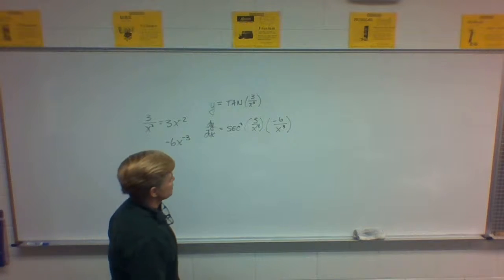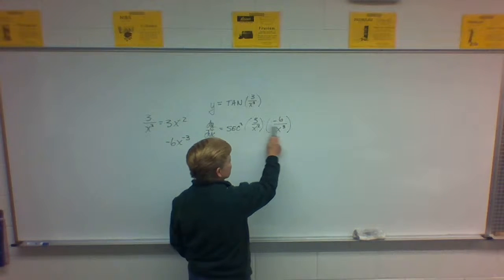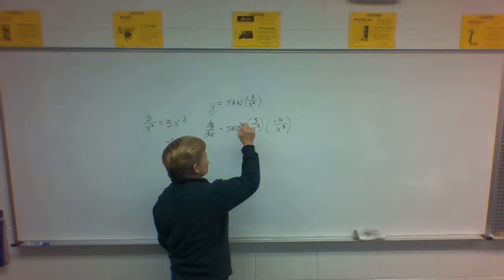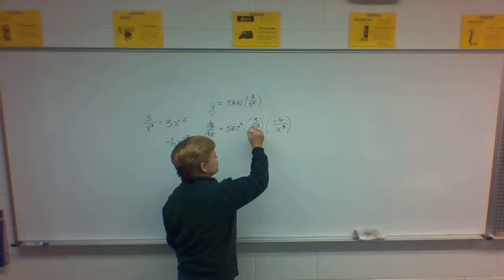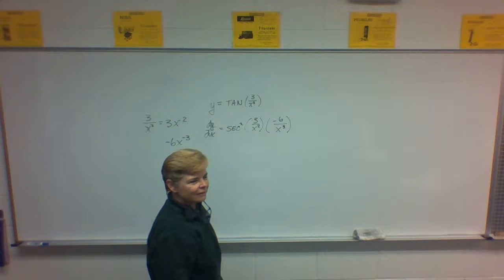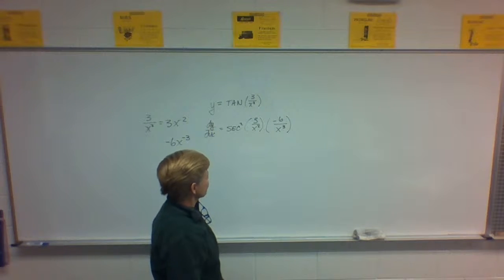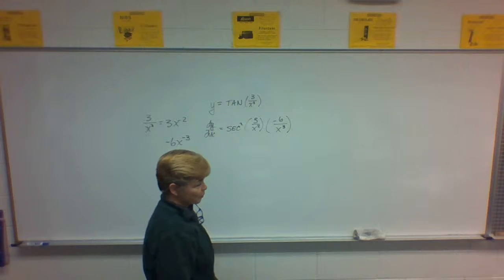What happens to people is they see these two right next to each other and they start multiplying them. That's dumb. Don't do that. This belongs to that secant. You can't multiply this times that little piece of it. If you did try to simplify it further, it would be negative 6 secant squared of 3 over x squared, all over x cubed. That would be okay.